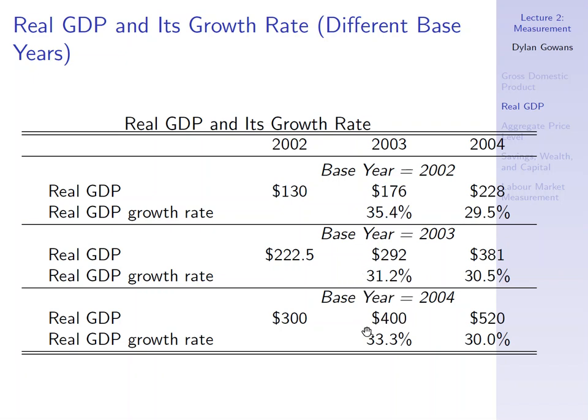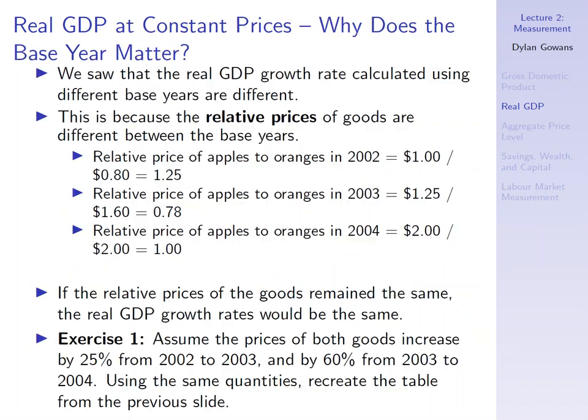And if the base year is 2004, we get 33%. So your choice of base year matters. It matters for the estimated growth rate of real GDP. Now, obviously, it doesn't matter that much. The difference between 31 and 35 isn't that great, but certainly it does matter.